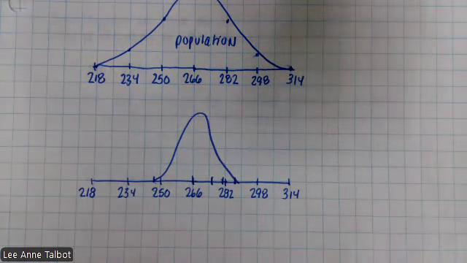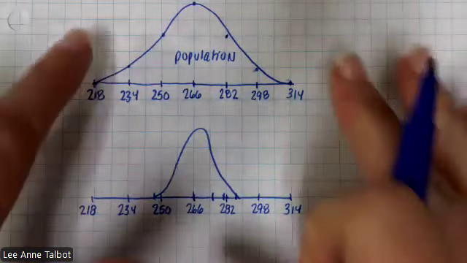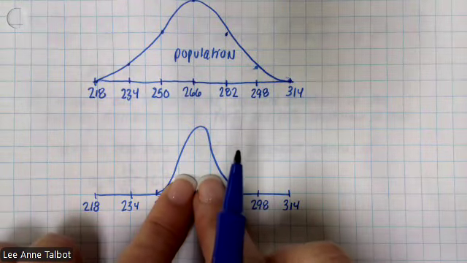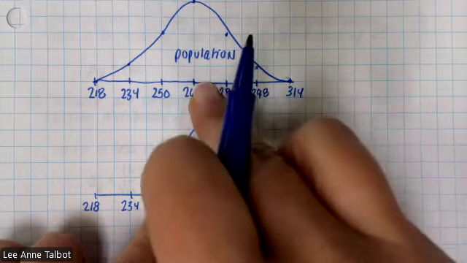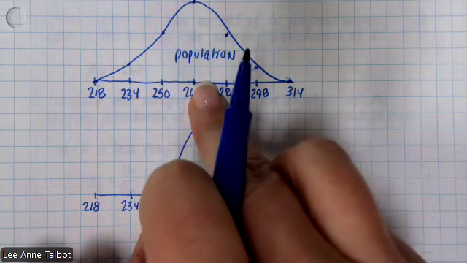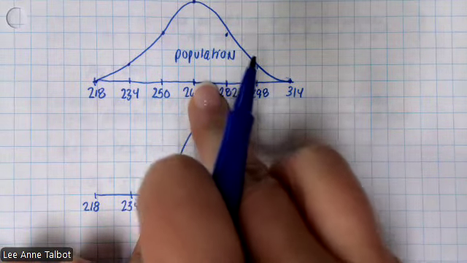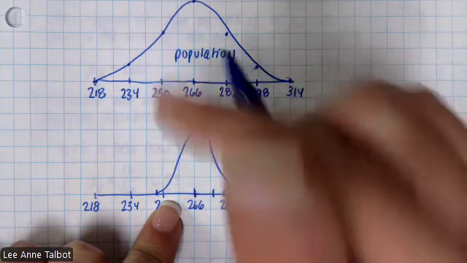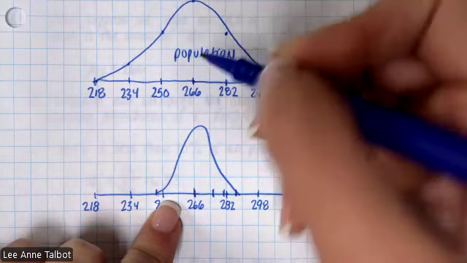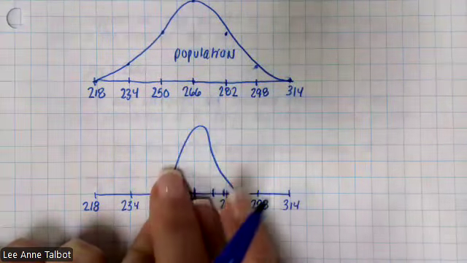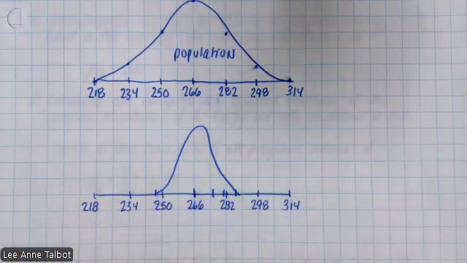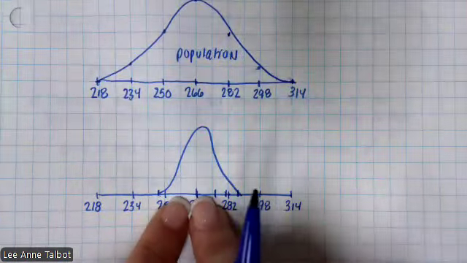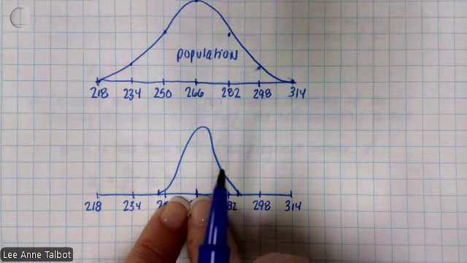But do you see what I'm trying to say? Because you're taking averages of this, the sampling distribution is much less spread out than the actual original population. Because you're taking numbers from here and averaging them, so they get closer to the middle. So this is just one person, but this is the average of 6 people.